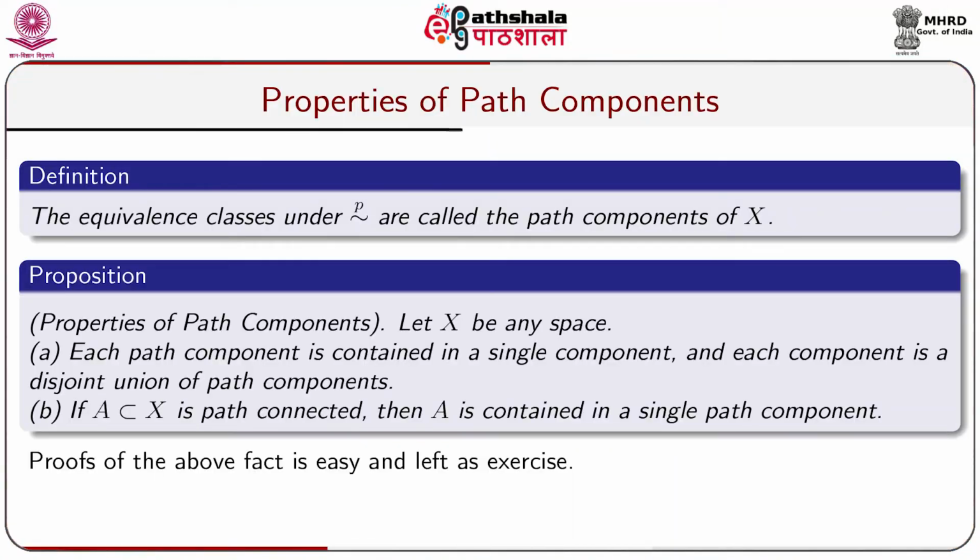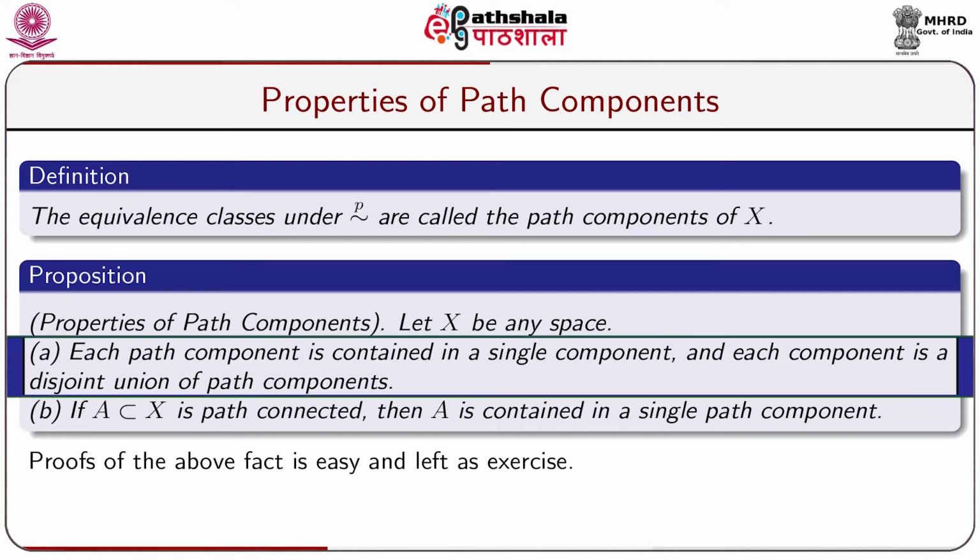We have observed the path connectivity relation is an equivalence relation. Now the equivalence classes generated by this equivalence relation, that is the path connectivity relation, are called path components. Now let us examine some properties of path components.